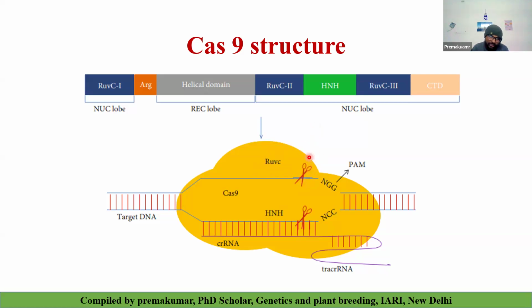The idea is that instead of a double stranded break, you can introduce only a single stranded break in either strand by mutating either of these nuclease domains of Cas9.